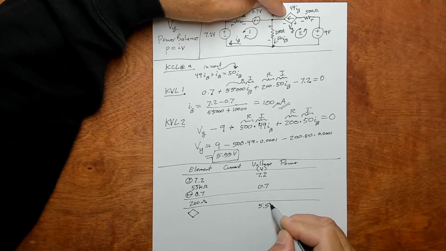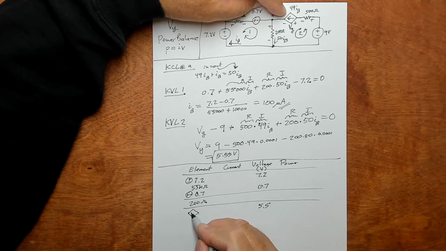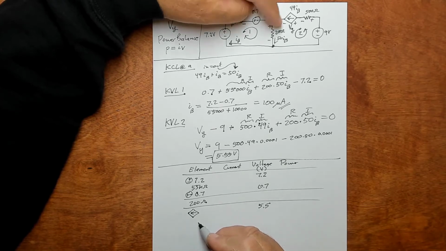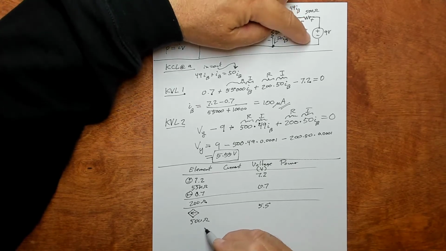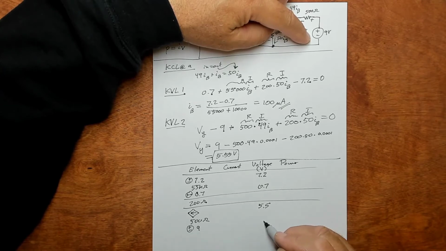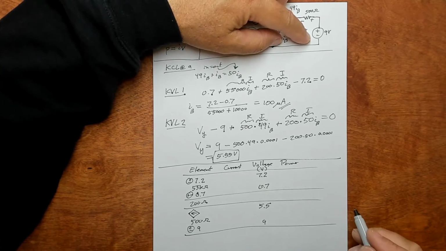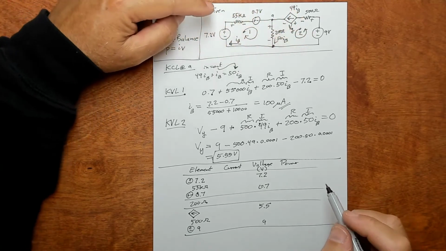We just solved for that. Then I've got this 500 ohm resistor, and then I've got this 9-volt source, which has 9 volts in it.